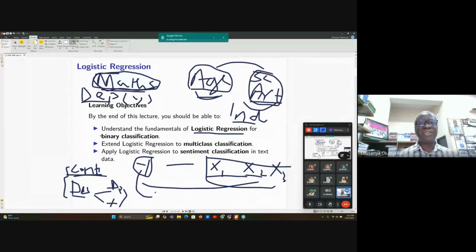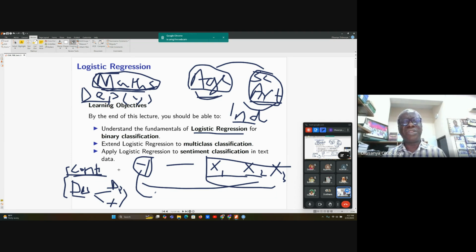So this lecture is focusing on logistic regression. That is the regression in which the dependent variable has only two categories, two classes.